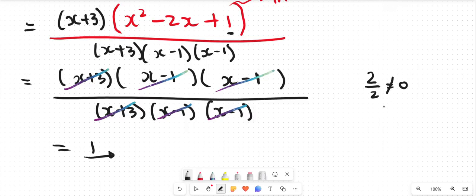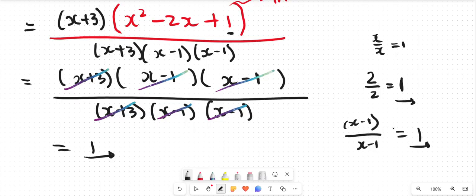It's not equal to a 0, but instead it's equal to a 1. So the same idea here, if you divide an x with an x, you get a 1. If you divide an x minus 1 with an x minus 1, you still get a positive 1. It's the same thing that is dividing itself, then you just get a 1.